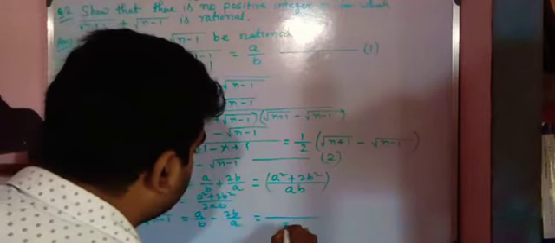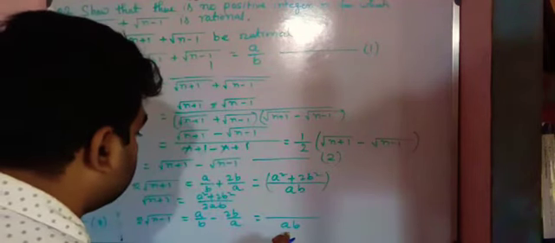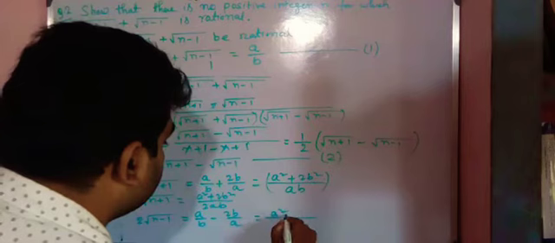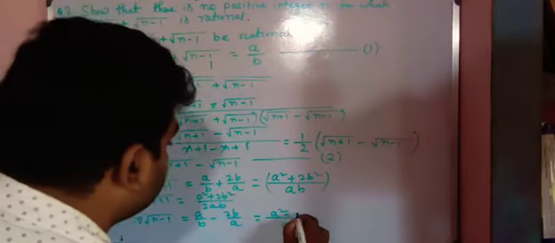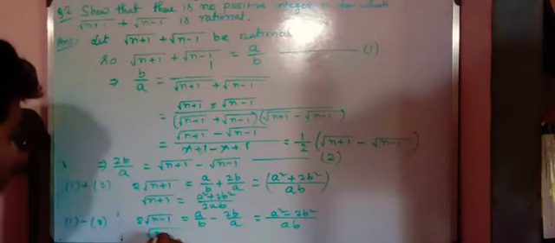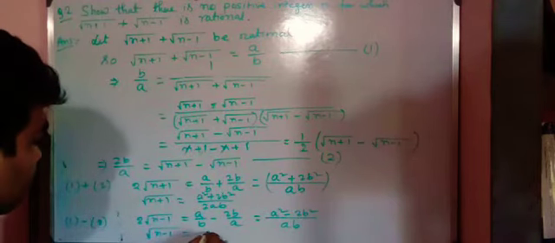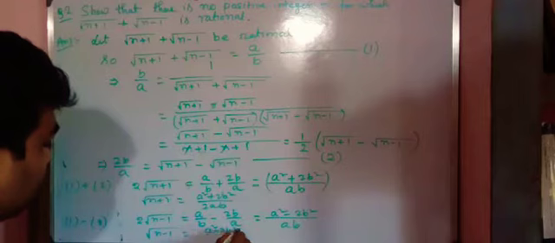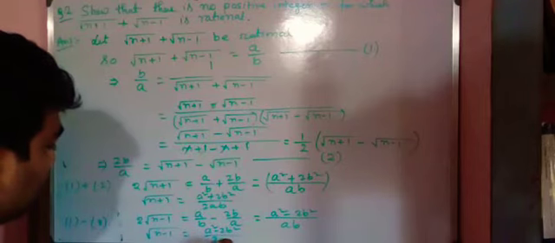By calculating ab, a square minus twice b square, so root over n minus 1 is equal to a square minus 2b square by twice ab.